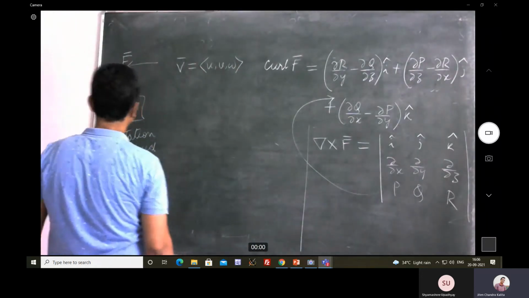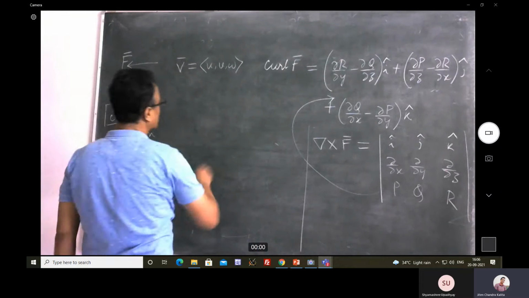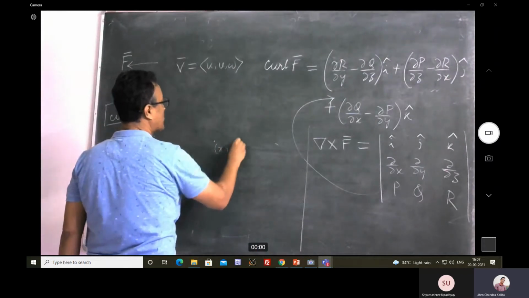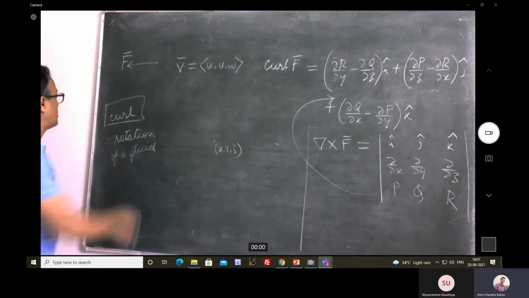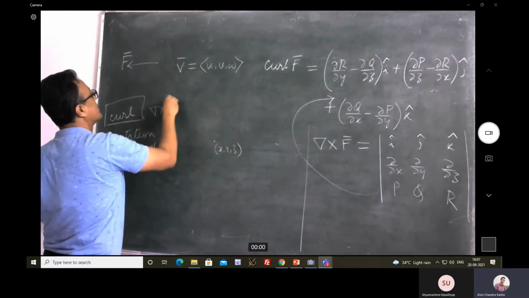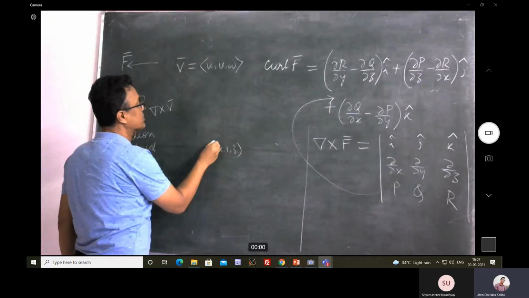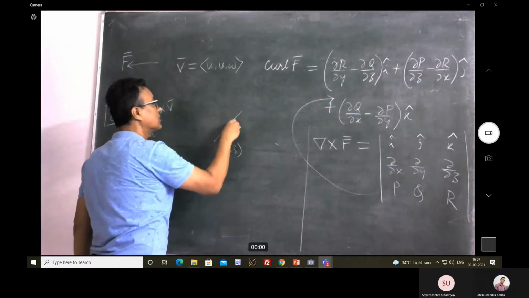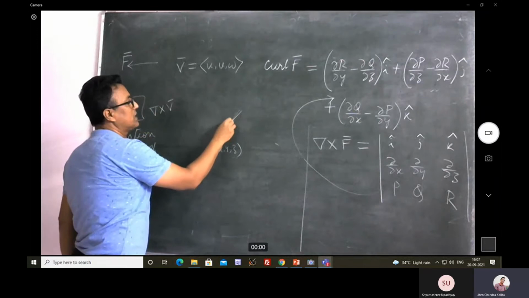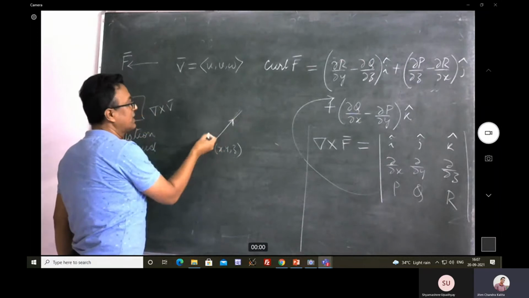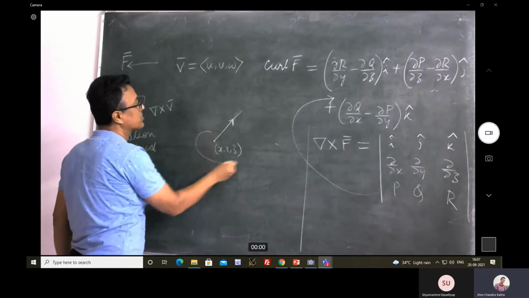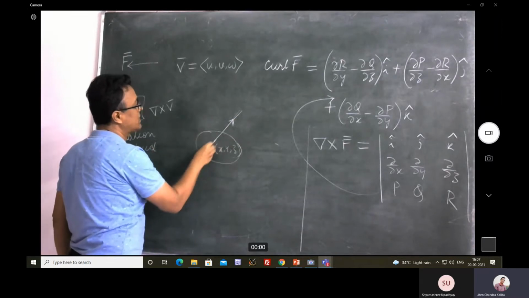Suppose I'm considering a point x, y, z in the fluid field. Then the curl of this v vector is always going to be along the axis about which the fluid rotates.